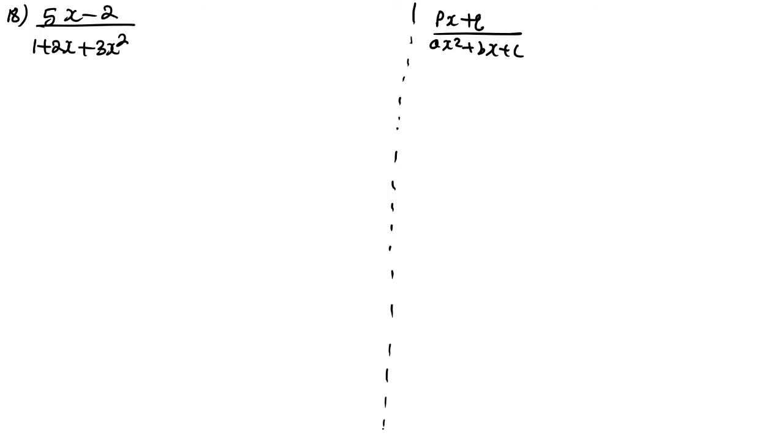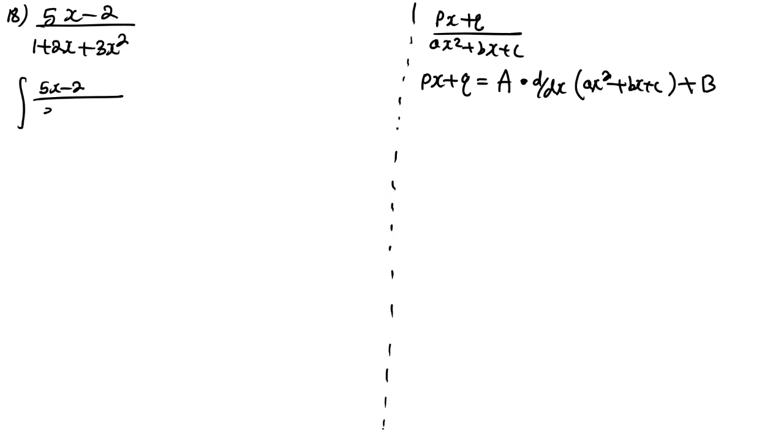So what you have to do to solve this problem, you need to write px plus q numerator as a into d by dx of the denominator ax square plus bx plus c, and plus b. Then compare and solve. So consider the equation, integration of 5x minus 2 divided by 3x square plus 2x plus 1 into dx. Take it as equation 1.